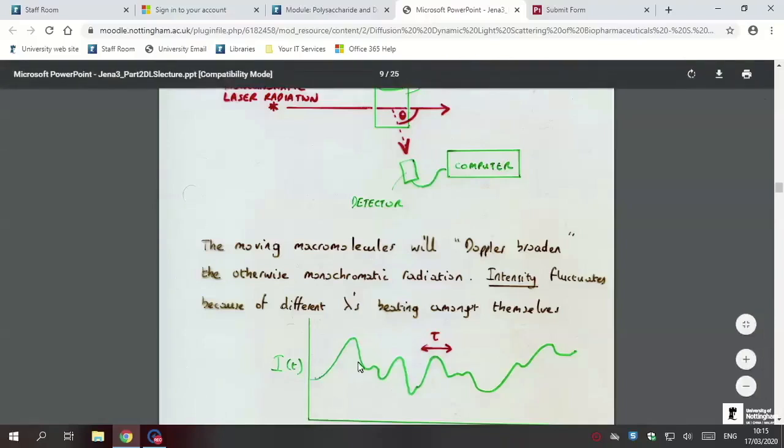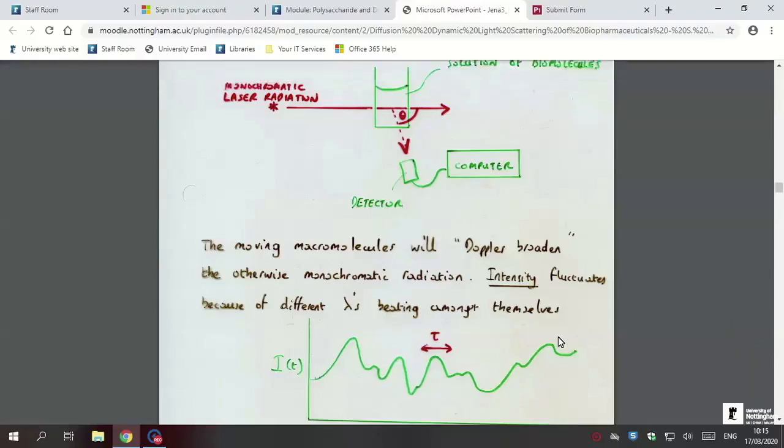So that's why the intensity changes, caused by the molecules moving about. It's related to something called the Doppler effect.